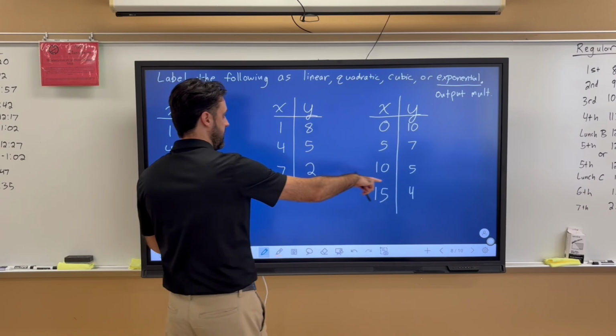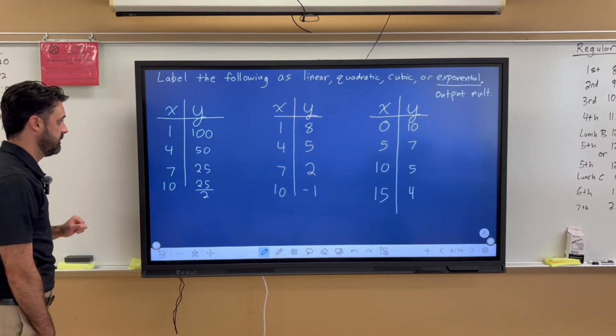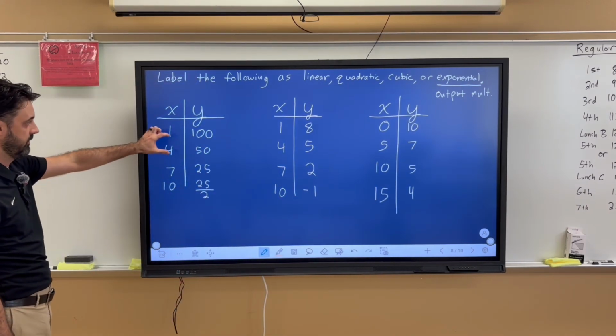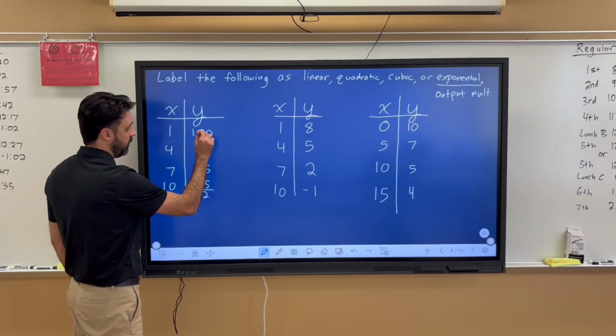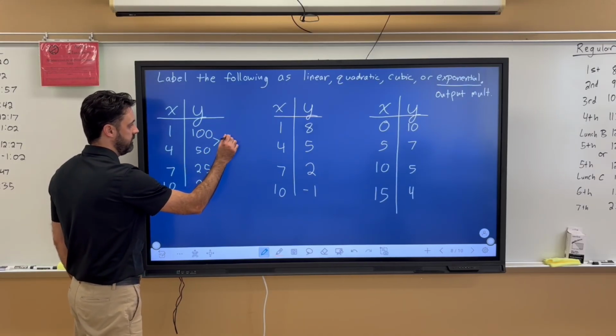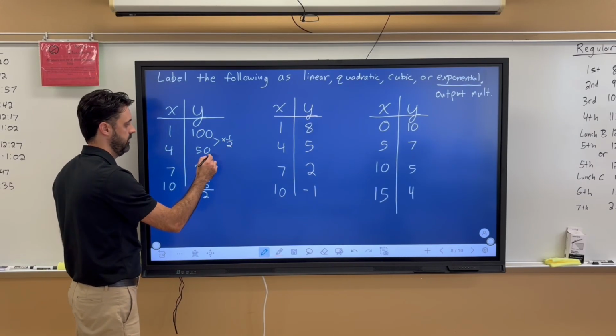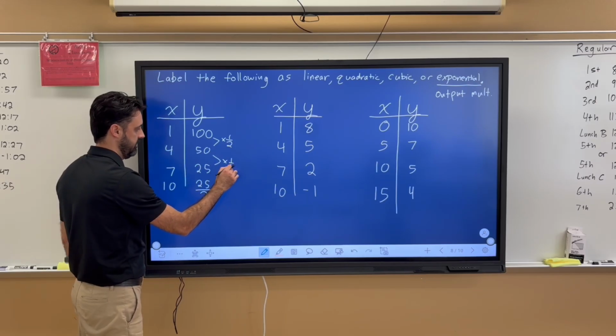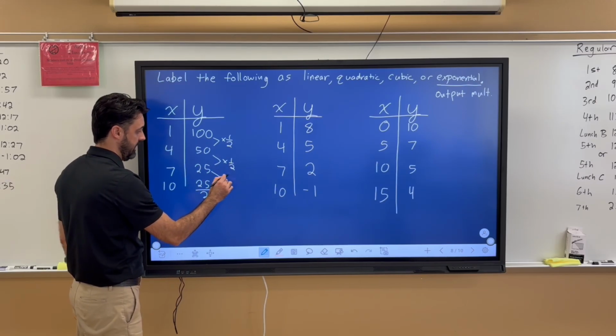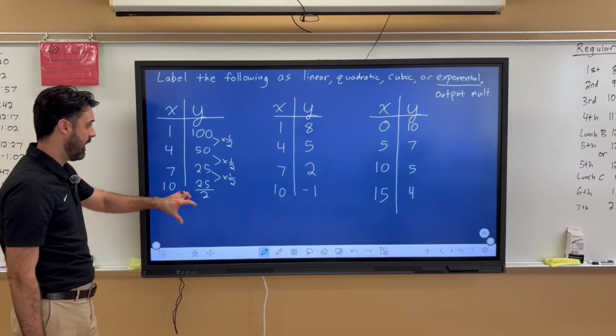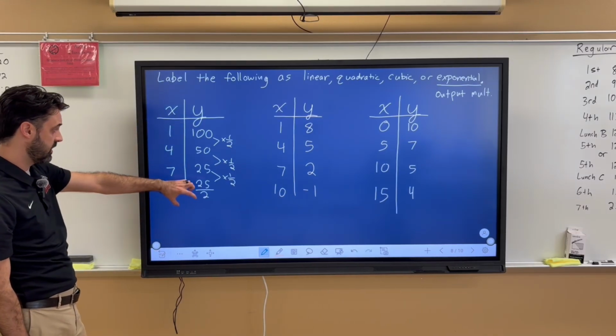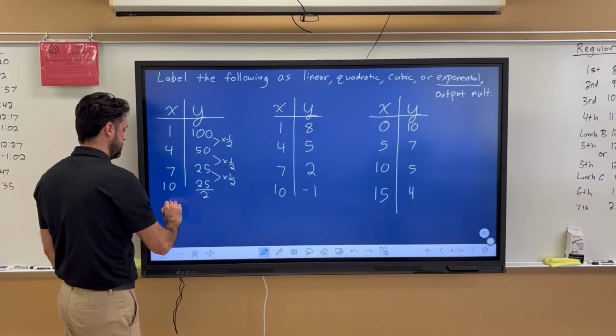So the only one up here where the y values are changing by multiplication is this first table. From 100 to 50, we're multiplying by 1/2, same thing as dividing by 2. Then we're multiplying by another 1/2, and then another 1/2. So if the y values are changing by multiplication, then this is automatically an exponential function.